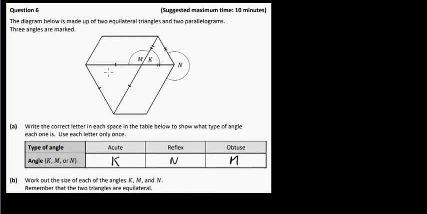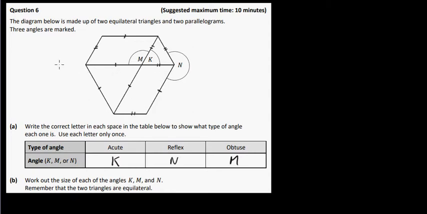Now these sides are obviously different from these sides here. Also, because we have a parallelogram here, that side is going to be equal to that side, and this side here is going to be equal to this side here. Those two sides are going to be equal, and these two sides here are going to be equal as well. It may be useful later on, I'm not sure yet, but we'll read the question and see.